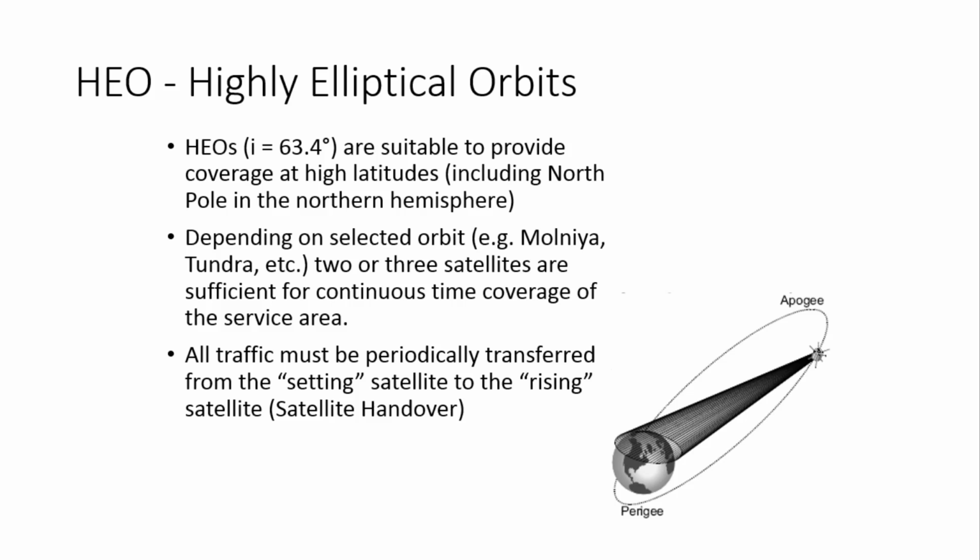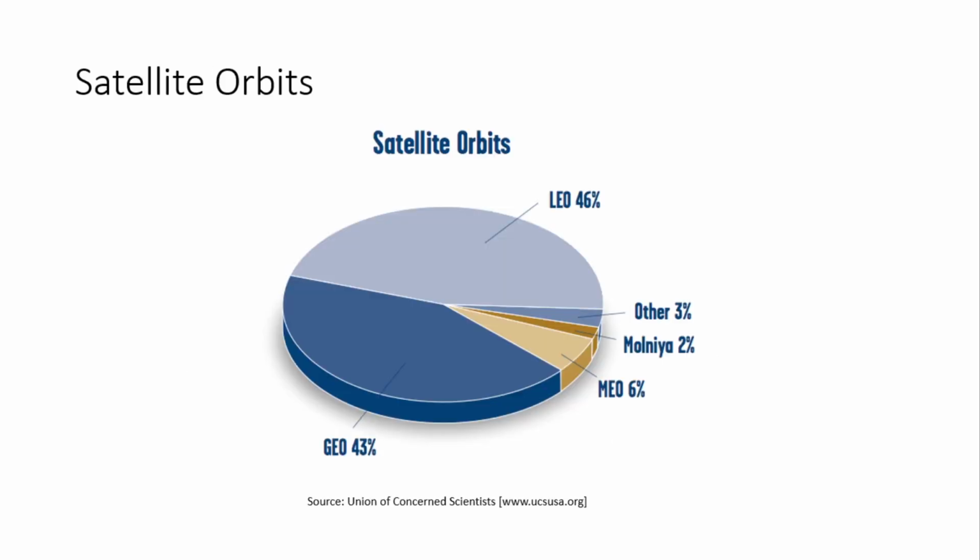All traffic must be periodically transferred from the setting satellite to the rising satellite, that is satellite handover. Satellite orbit share: MEO 6%, GEO 43%, Molniya 2%, other 3%, and LEO 46%.